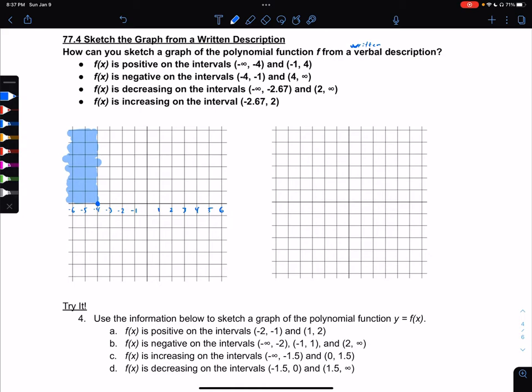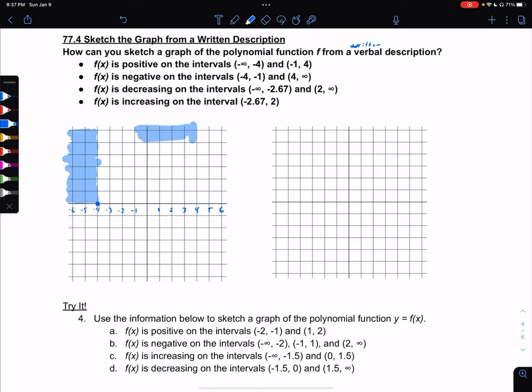It's also positive from -1 to 4. So I'm going to shade that in. So my graph from -1 to 4 would be here.